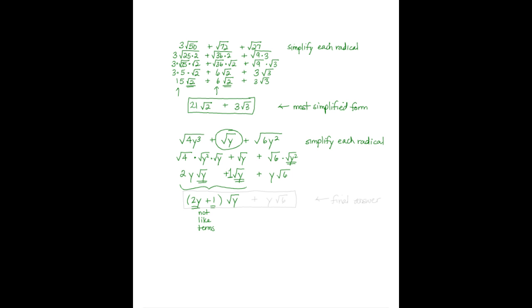They would not be like terms. So this is as combined as we can write these. So our final answer is going to be the quantity 2y plus 1 times the square root of y plus y times the square root of 6.